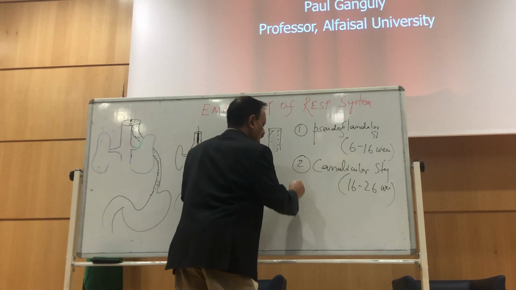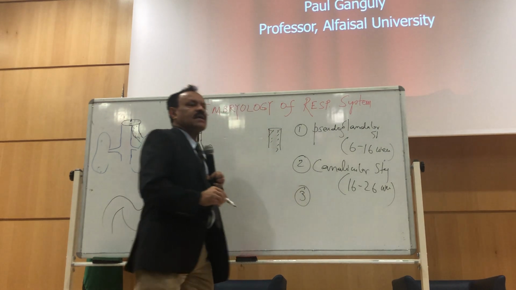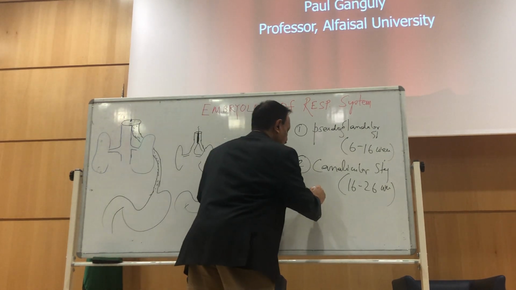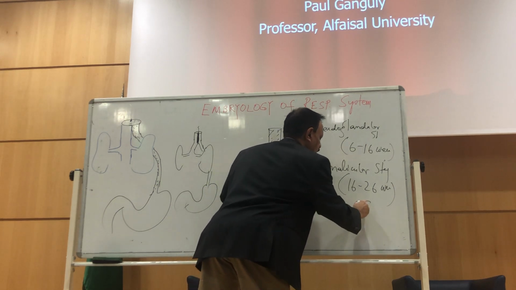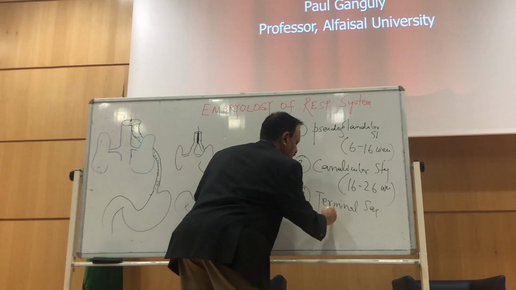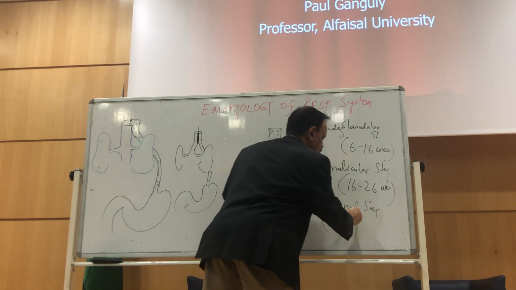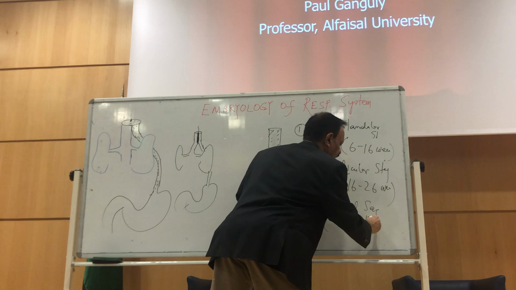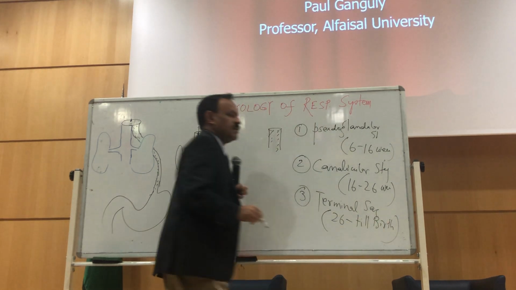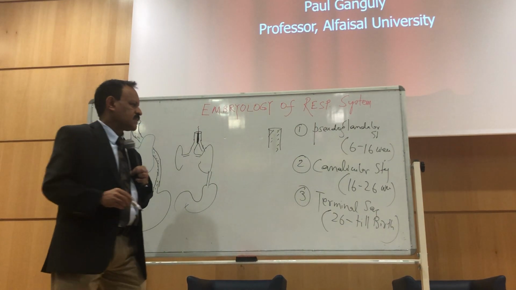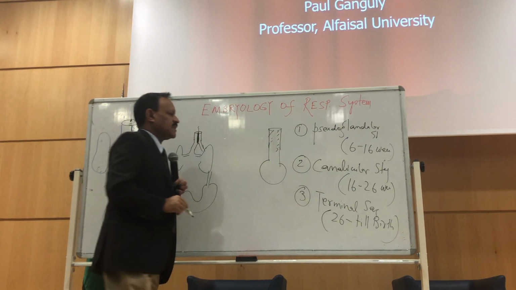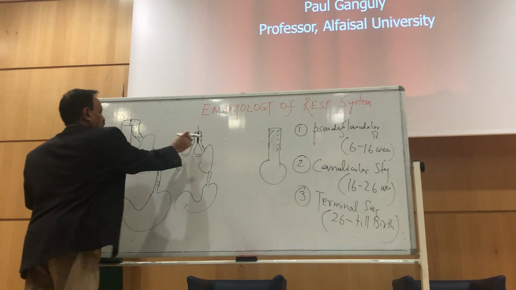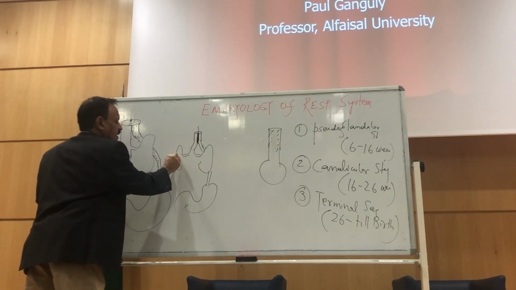The most important part, obviously, is the terminal sac, and that is between 26 weeks till birth. Till birth means around 37 weeks. Which means this is going, and all of a sudden it is like this.